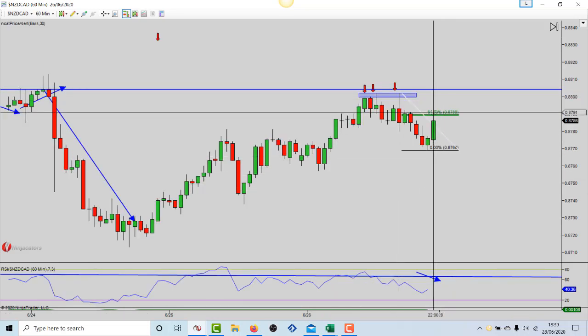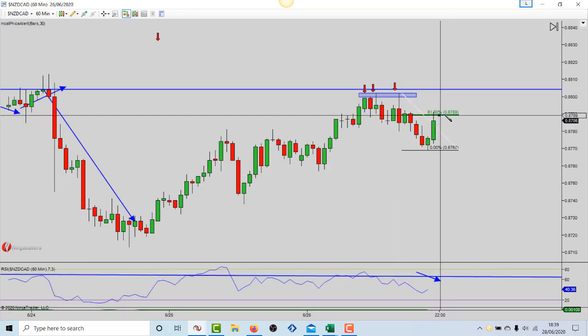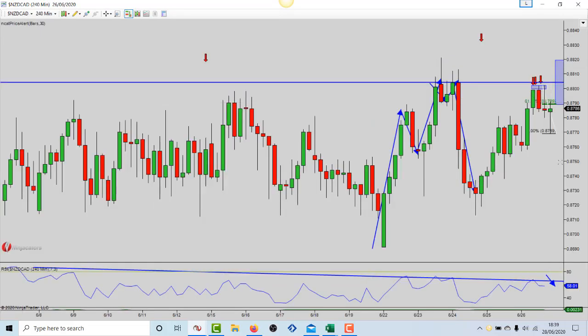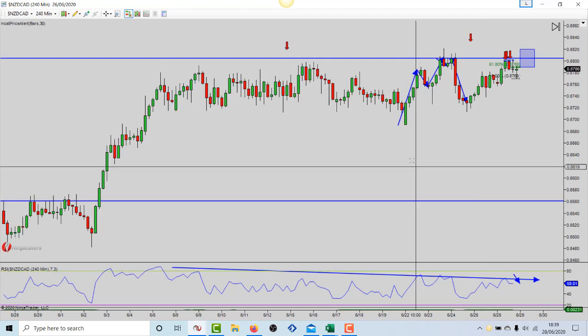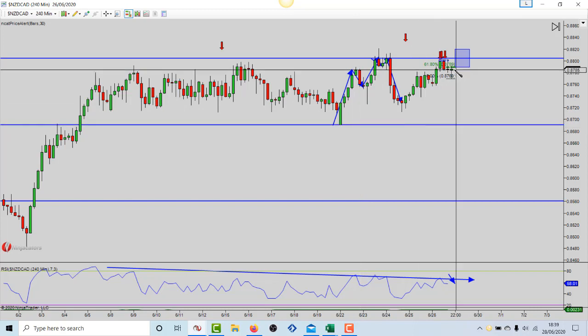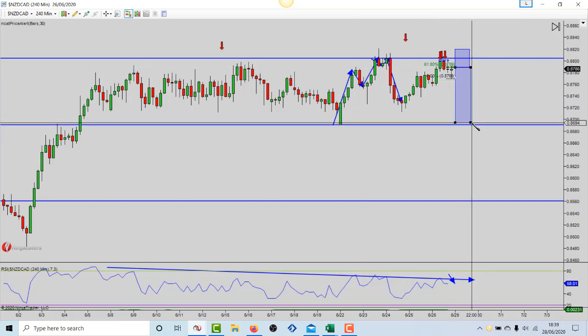I've just made a complete mess of that, so let me do that again. Roughly there. Let's go back down to the 240. Looking for two targets, guys. Head and shoulders, first of all, I'll be looking for the completion just here at this structure level. And I will be holding for second targets all the way down there, guys.